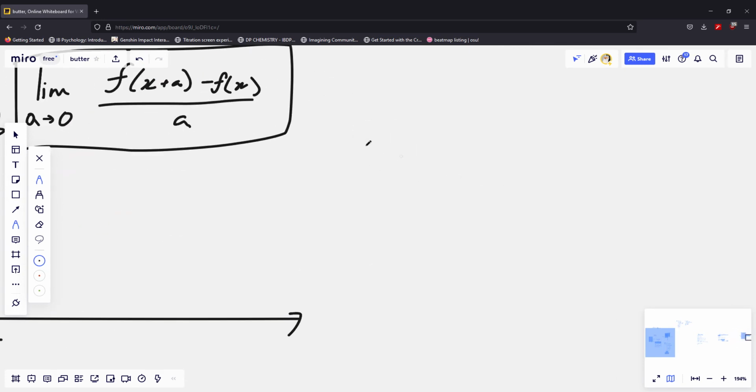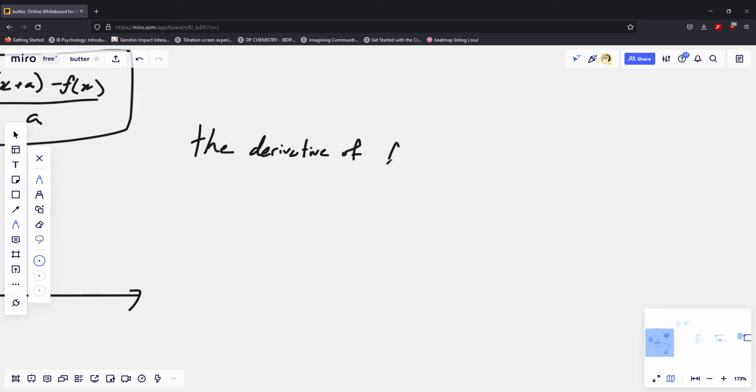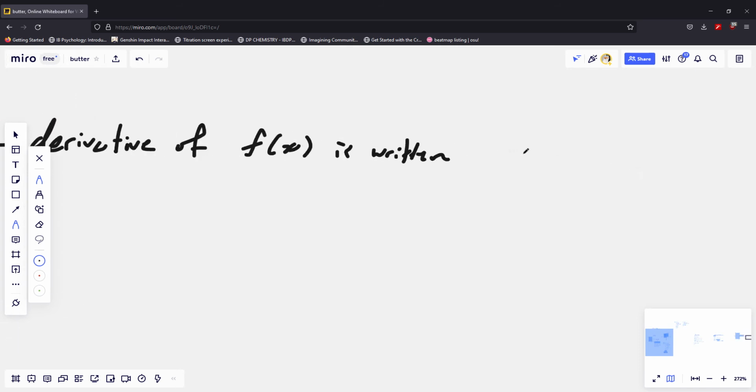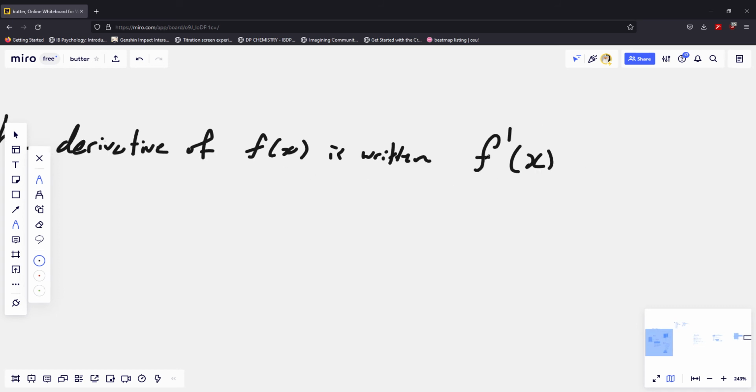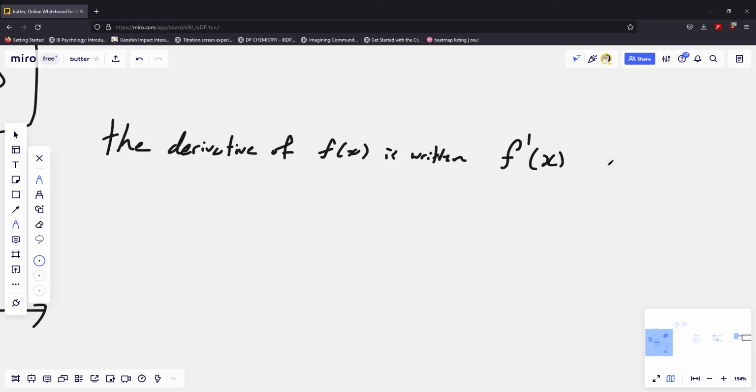We say that the derivative of f of x is written, and this is really simple, it's just f of x, but we're going to add a little apostrophe here, or f to the power of 1 of x.